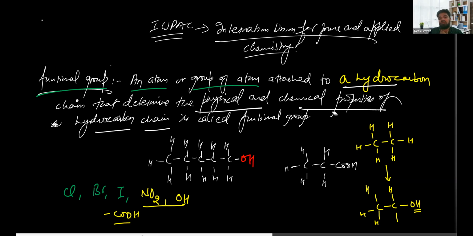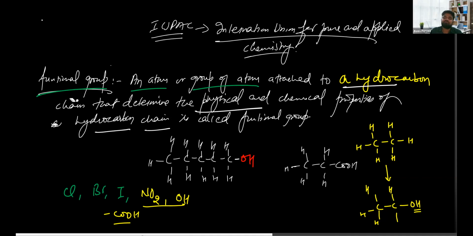Okay, so note down what a functional group is. A functional group is an atom or a group of atoms attached to a hydrocarbon chain. We will learn this when you learn the rules of how to write the IUPAC name of a compound. Then you will learn the appropriate answer to give your teacher. Don't worry about it. In the next class, you will learn how to write the IUPAC name. Note it fast.